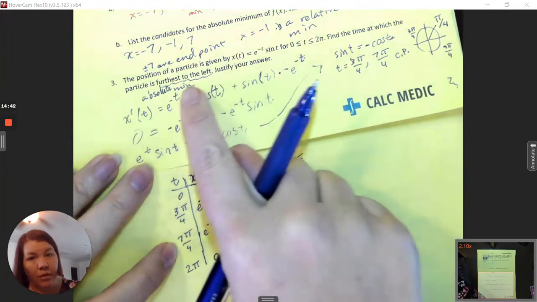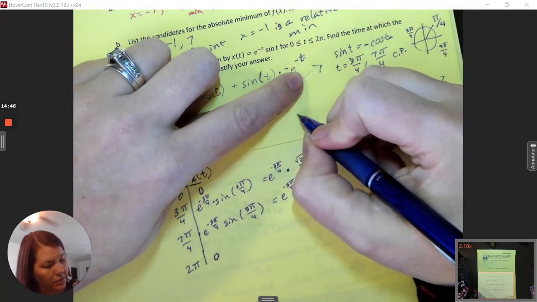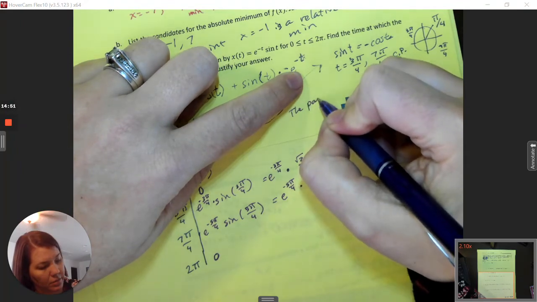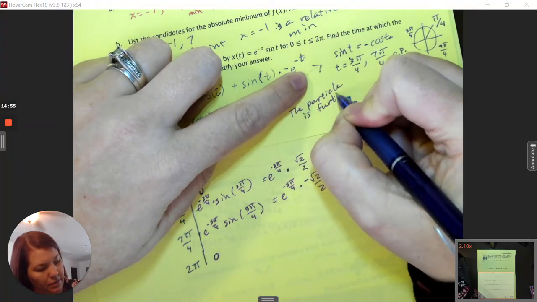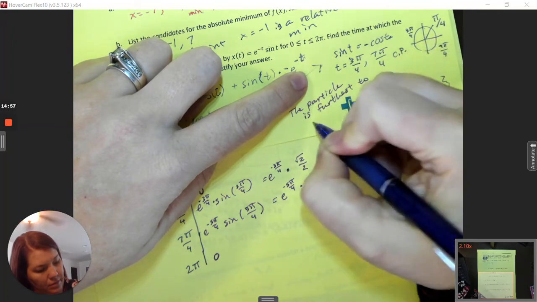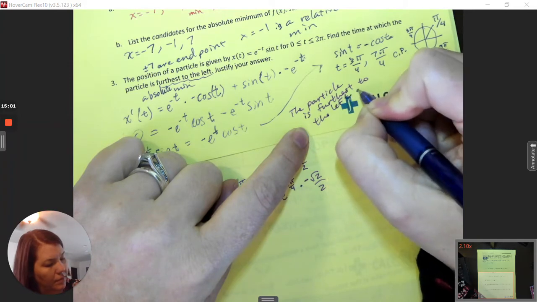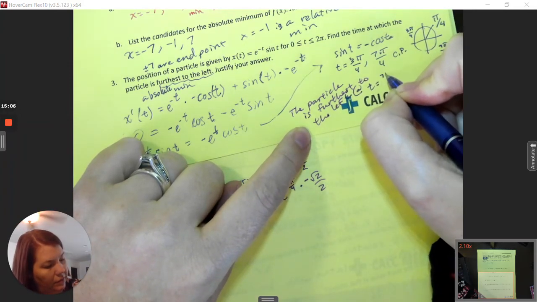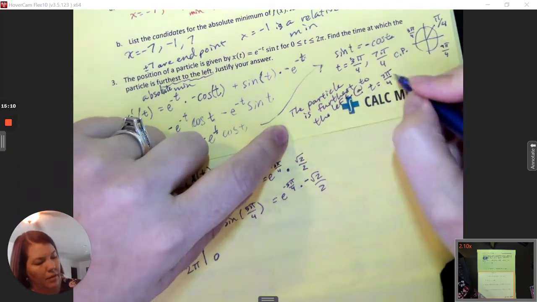We were looking for the furthest to the left, and that occurs at t equals 7 pi-fourths. The particle is furthest to the left at t equals 7 pi-fourths.